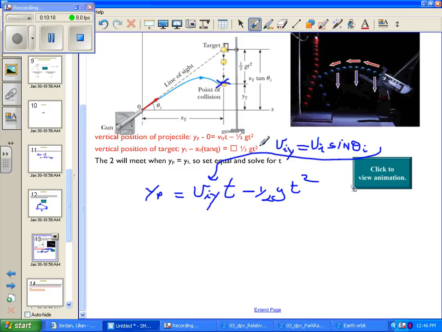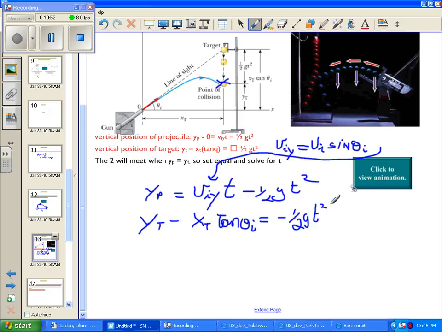And so we can express the initial position and the final position, yt, which of course is the same as yp, minus the initial, which we're going to say xt, times the tangent of theta initial, equals minus 1/2 gt squared, because the monkey drops from rest.